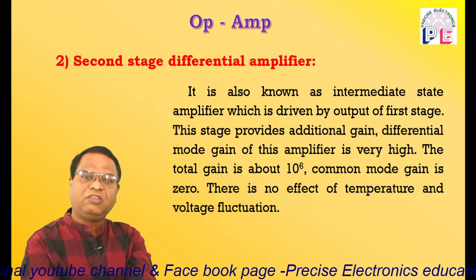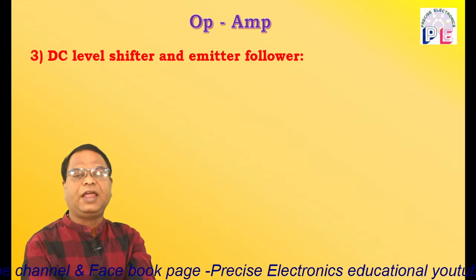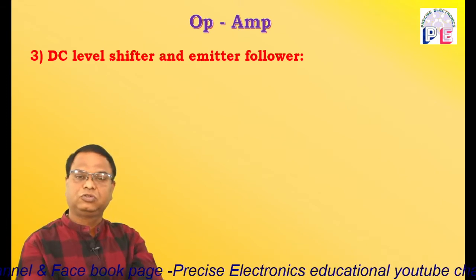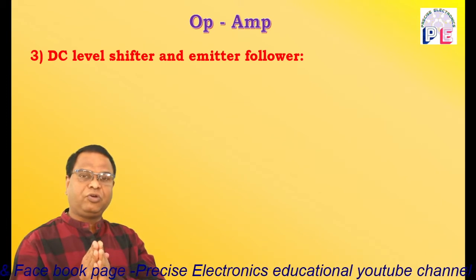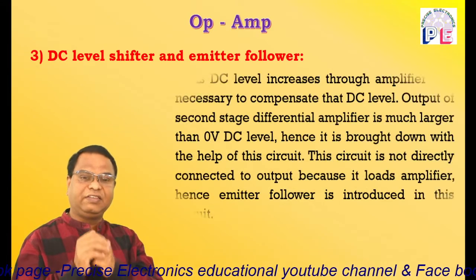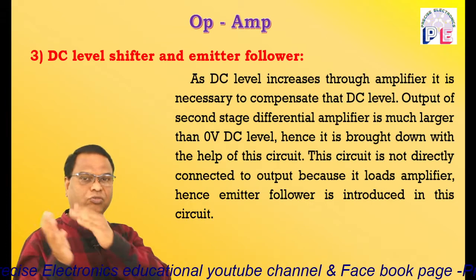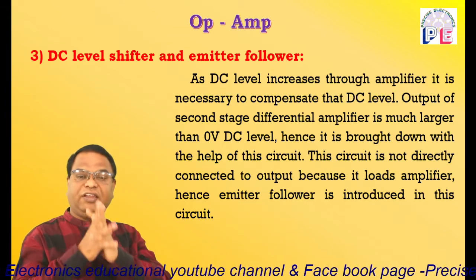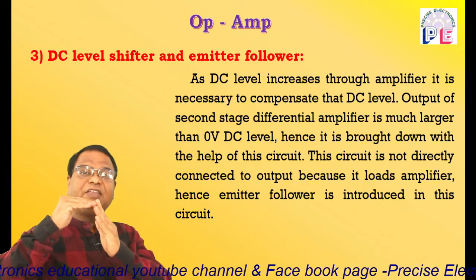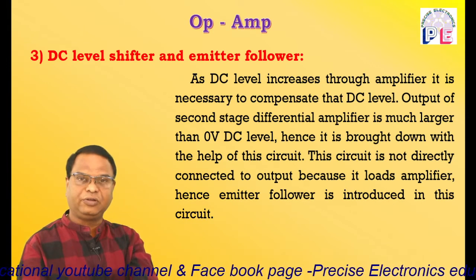The next block is our level shifter, that is a DC level shifter and emitter follower. What is the use of the DC level shifter? The DC level increases through the amplifiers, and it is necessary to compensate that DC level to the 0 volt DC level.